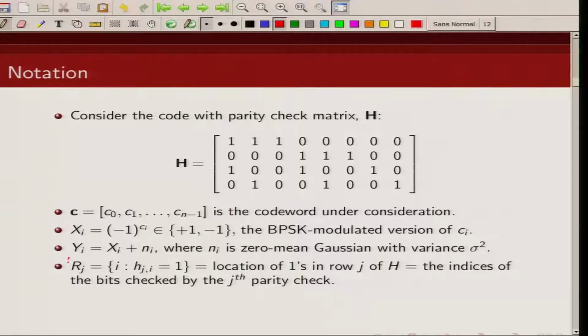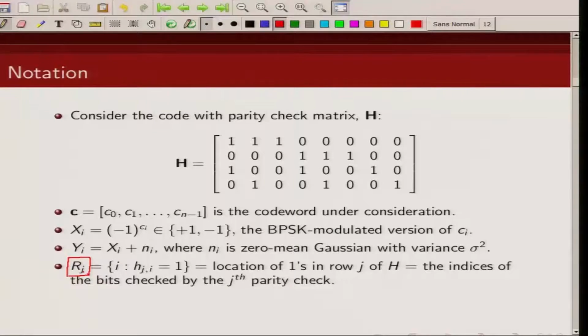We use the notation Rj to denote the location of ones in row j. Now, what does the location of ones in the rows of the parity check matrix denote? It denotes the bits that are participating in the parity check equation. So, let us take this example.